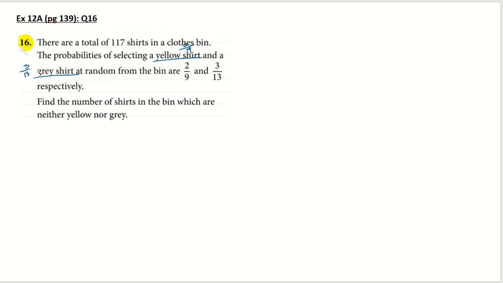The probability of getting neither yellow nor gray, that means the rest, is going to be 1 minus all this probability. Correct, because yellow is 2/9, gray is 3/13, so I subtract it away. You end up with a fraction 64 over 117.